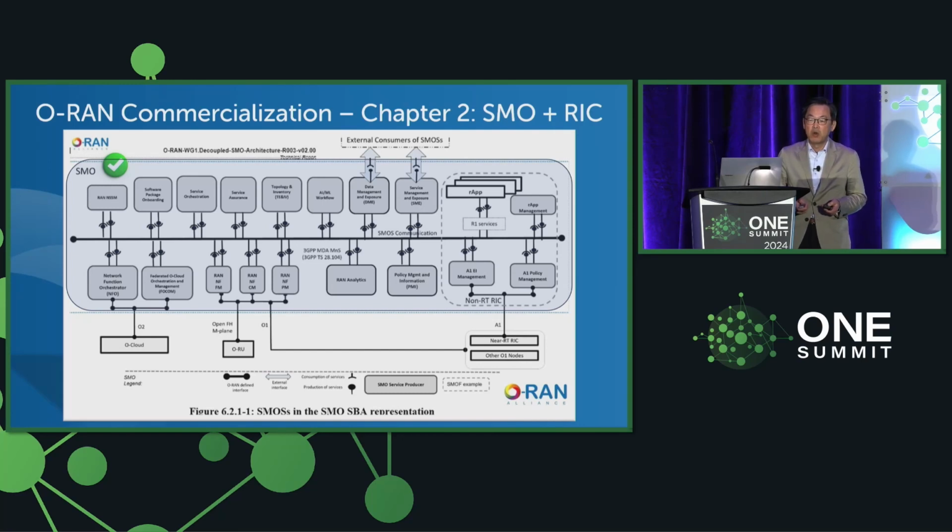objective of SMO. And the chart you are seeing here is a new diagram called decoupled SMO. We noticed that decoupled SMO is inevitable, so we have done some work and published this diagram, not yet incorporated into the specification, but it will be incorporated in the coming specification. So this is our chapter 2, ORAN Alliance, and I have a high expectation.